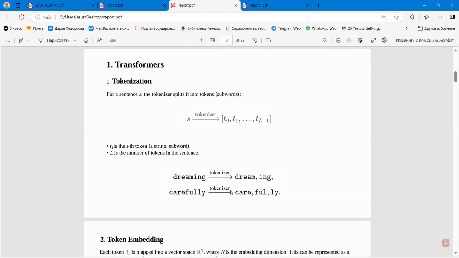This picture demonstrates how it looks. For example, T is the token, and L is the number of tokens in the sentence.